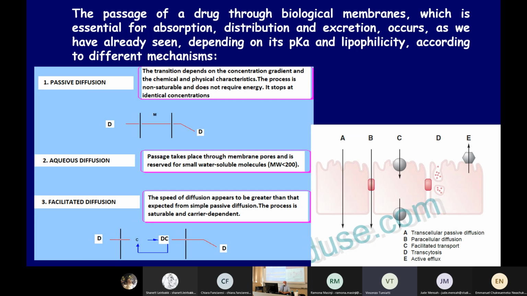Facilitated diffusion, once again, is based on the different concentration of your drug, high concentration outside the cell, low concentration inside the cell, but in this case there is a transport system, and so we need energy. Carrier dependent.